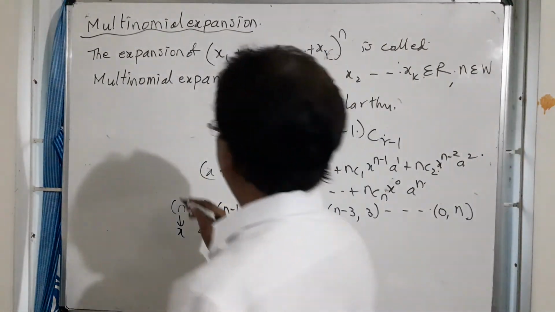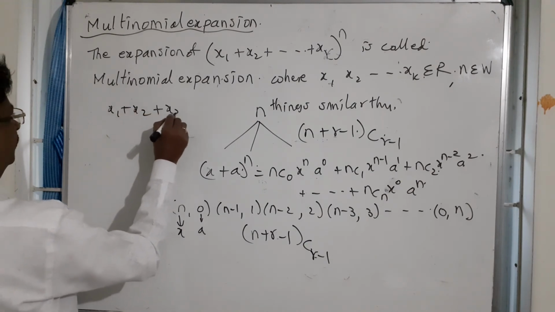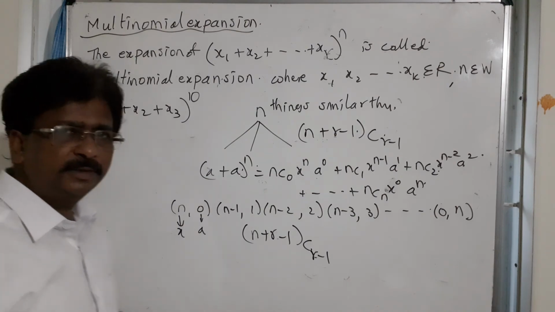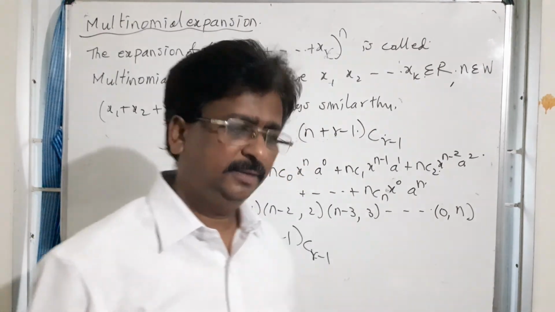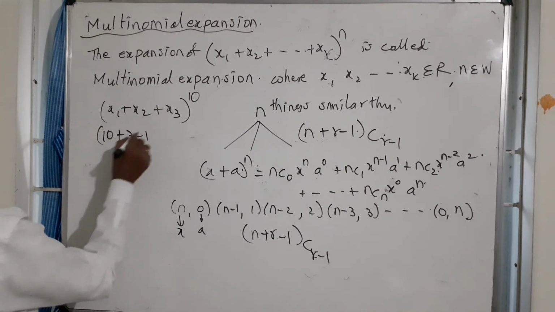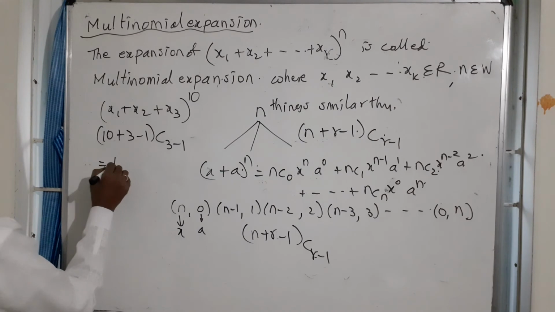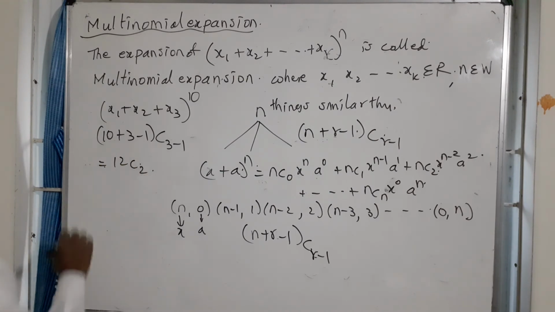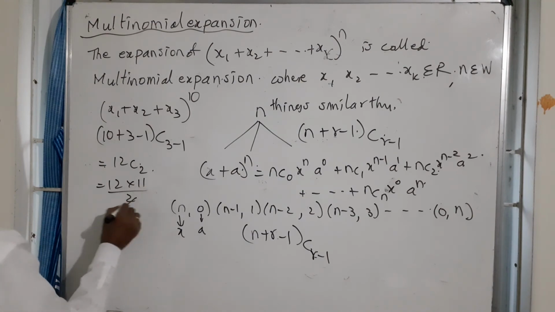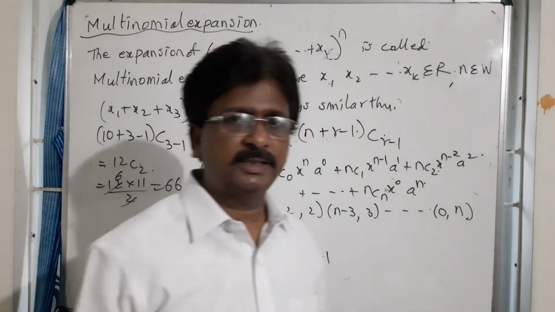Suppose, for example, (x1 plus x2 plus x3) whole to the power of 10. How many terms will come in this expansion? The number of terms is 10 plus 3 minus 1 C 3 minus 1, that is 12C2 terms. 12 into 11 by 2 is 66, so 66 terms will come in this expansion.